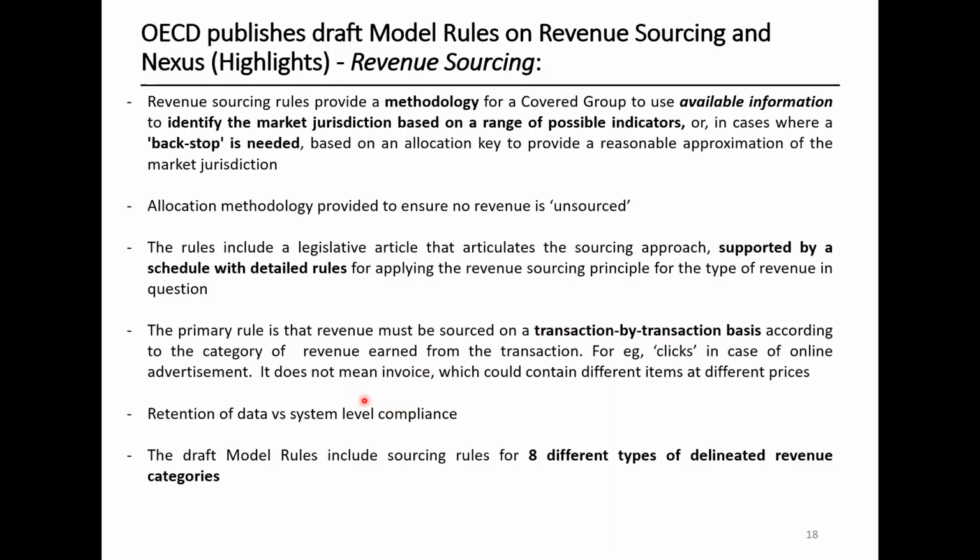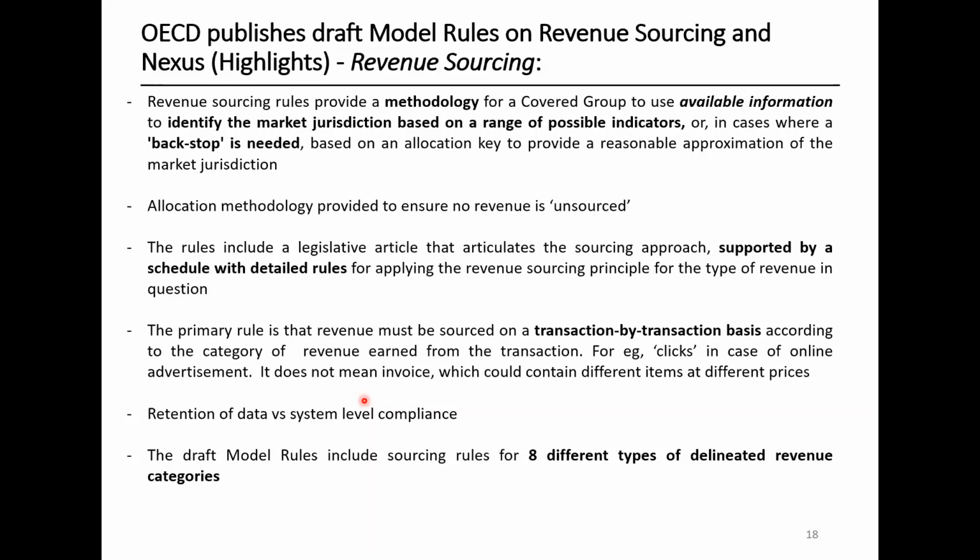As an example, if you have an income stream from an ad and if it is based on a click, you will have to determine what is the geography in which that click has happened, and that income would be sourced from that geography. It would not go by the invoice. There could be a consolidated invoice across multiple countries on a third country. That would not be relevant. Source for this purpose would be the click.